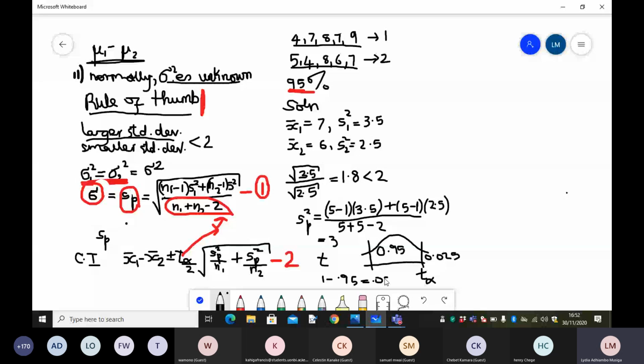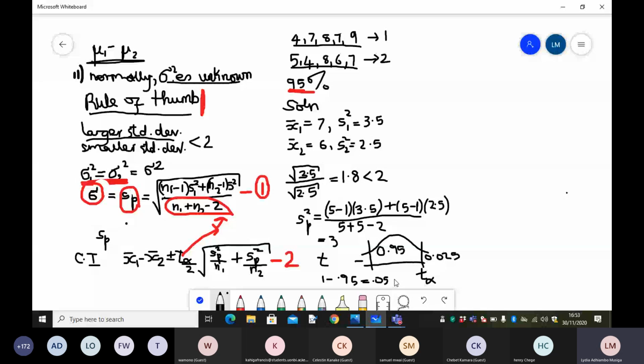Why are we getting 1 minus 0.95? Because we want to know the area to the right, and also the area to the left. The area to the right is going to help us determine the T alpha value. So 1 minus 0.95 equals 0.05, which represents the sum of the area to the left and the small area to the right.